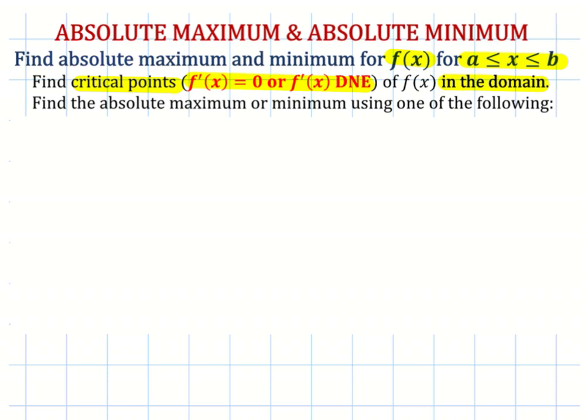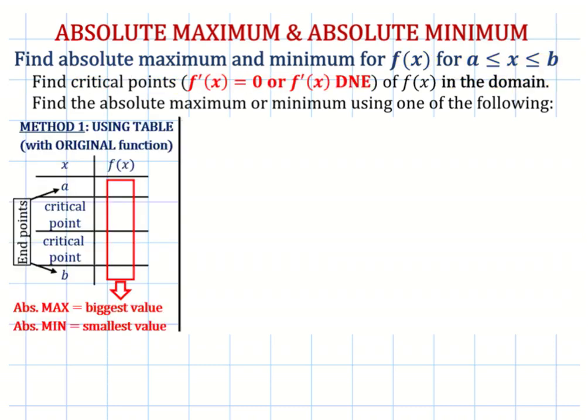So after we find the critical points in the domain, there are three ways to find the absolute maximum or absolute minimum. The first one is to use the original function. So pretty much we put in all the values, including the boundaries a and b.